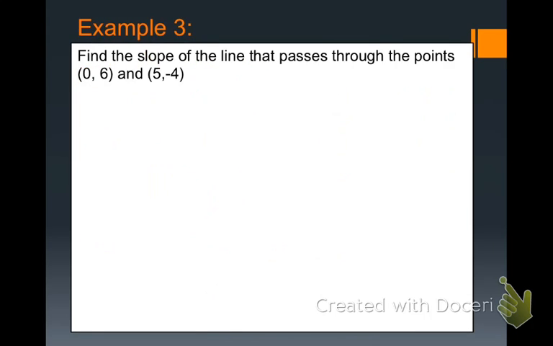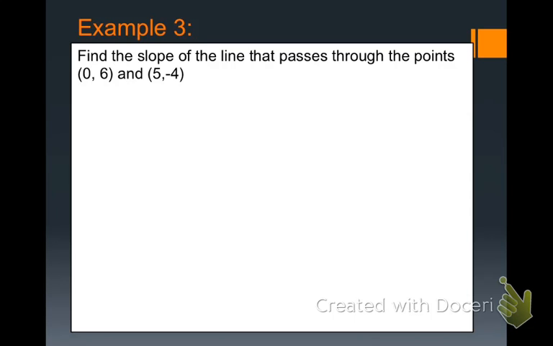Alright, so let's do one more example. Find the slope of the line that passes through the points 0, 6, and 5, negative 4. So here it's been listed out instead of on a graph, but it still works the same way.